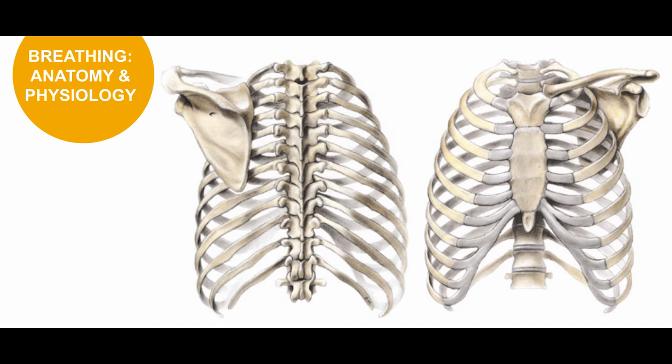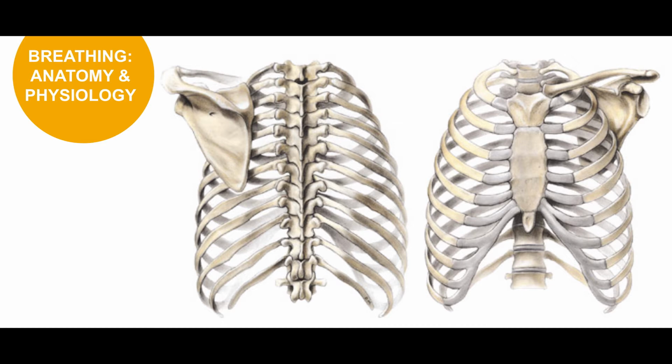So with 12 segments and potential movement of extension, flexion, side bending, and rotation, you understand that there's quite a bit of movement potentially available in the thoracic spine. We'll talk about some of the restrictions that come along with that due to a sedentary life.